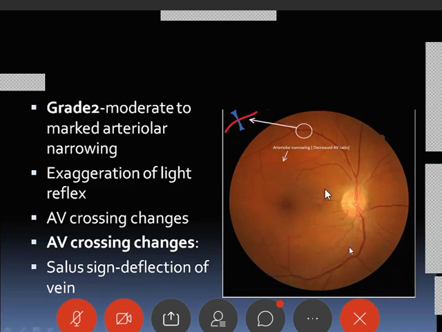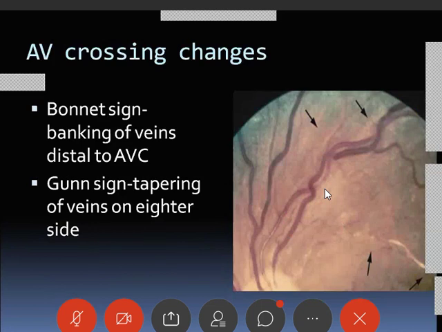Along with the arteriolar narrowing, there is AV crossing change. Then the other AV crossing changes are like Bonnet sign. Bonnet sign is banking of the vein distal to the AV crossing.